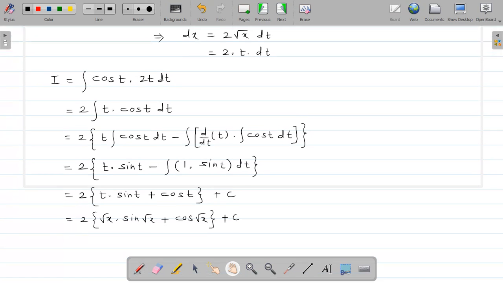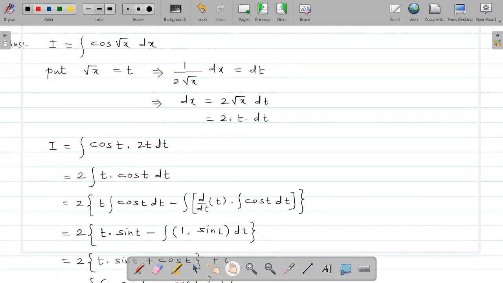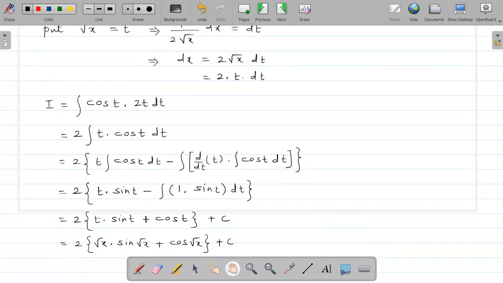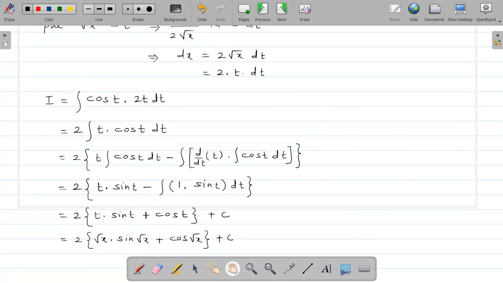So here if you observe this function, it is actually cos root x dx, so directly you put the value of root x is equal to t, and then we get dx is equal to 2 root x dt and then 2t dt, and after that substitution we have to use the integration by parts rule, and hence this is also related to the type number 4. So you solve some examples from the exercise 3.3 which are related to this type. Okay, thank you.